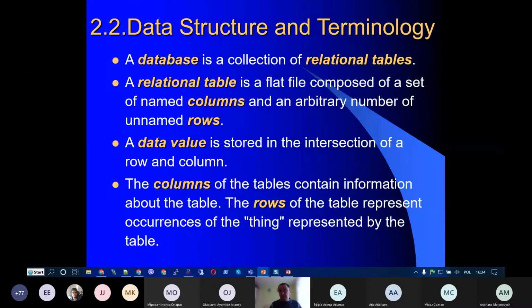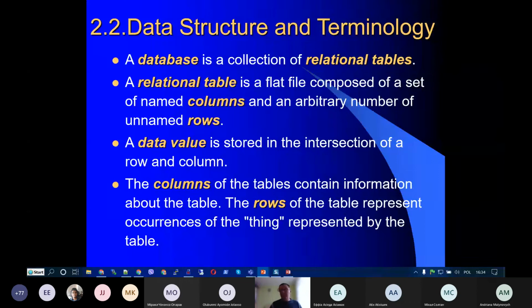For example, patient name, or surname, or birthday, or in the case of a department, name or address, or in the case of students' marks, it could be the date when the student was graded, a reference to the identification of the student who obtained this mark, some class topic, and the actual value of the mark. So all these things are separate columns.